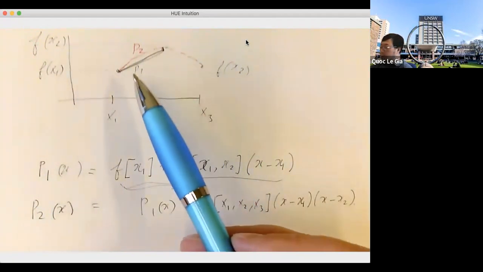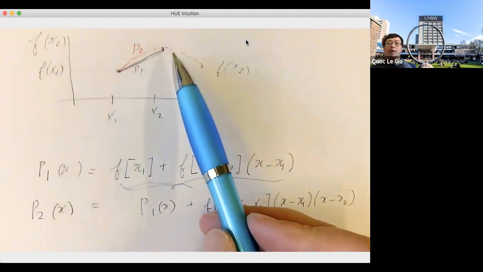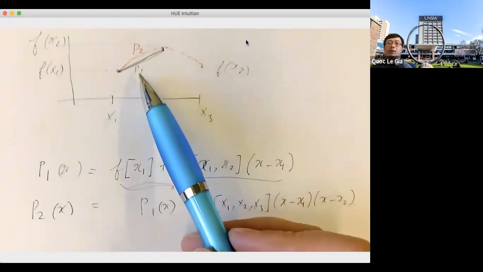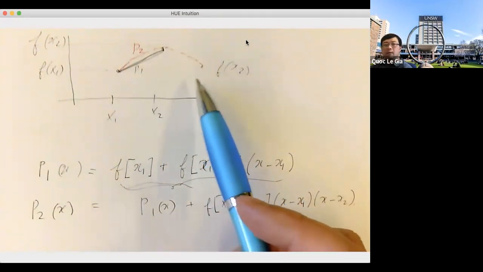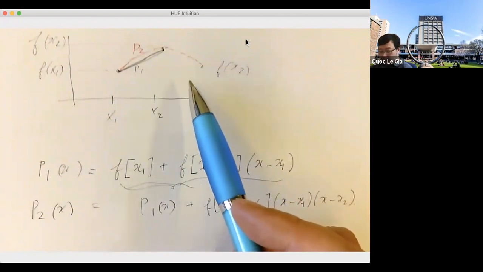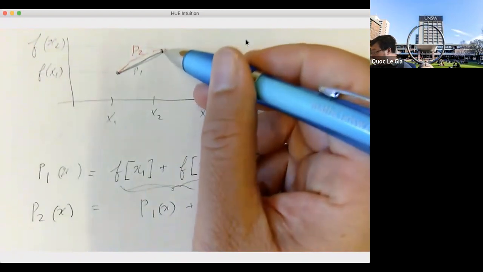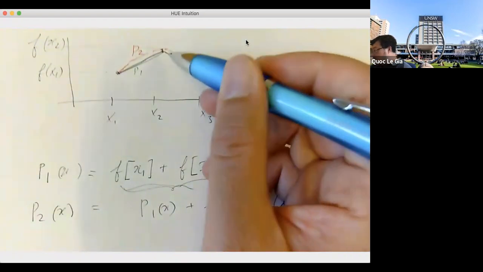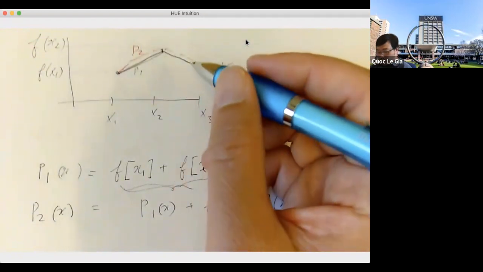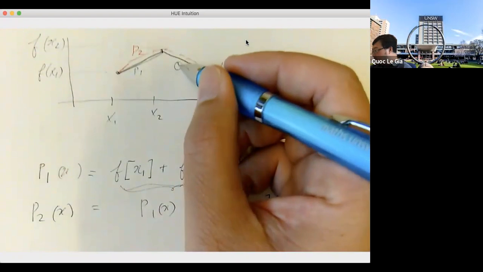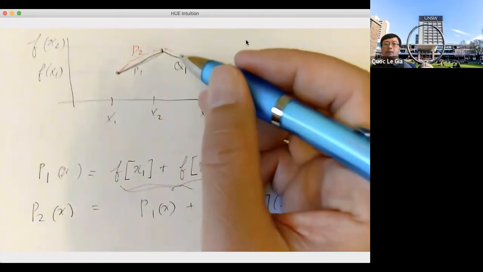But if you look at these pictures, I can construct P2 in another way. This P2, I constructed from the left: I start from x1, build up to x2, and then add another point. But now if I go from the right, I can start at the line that goes through x2, x3, and then build up P2. So Q1 will be the line that goes through x3 and x2.